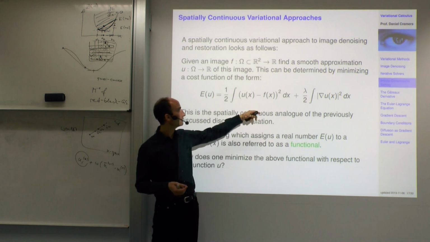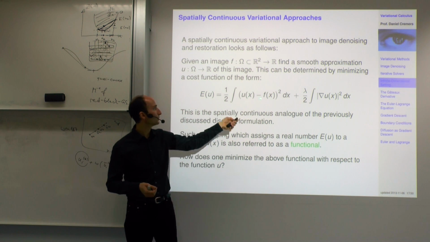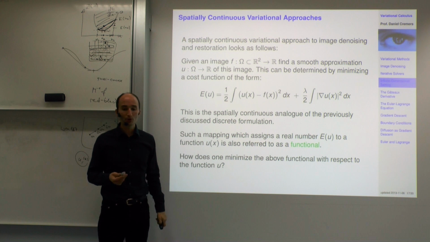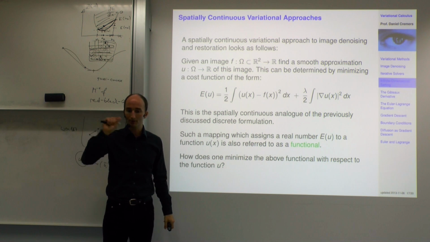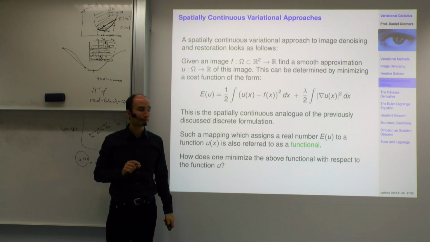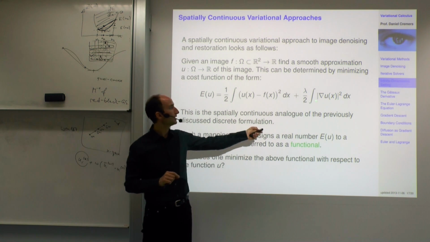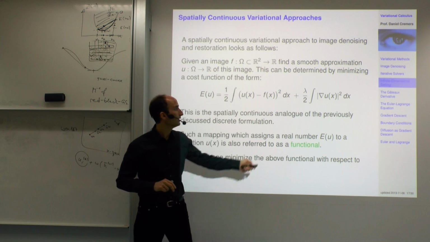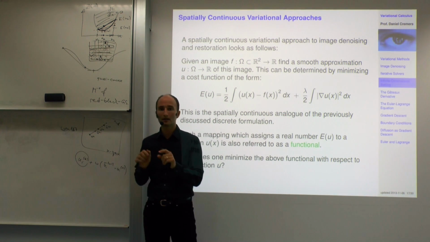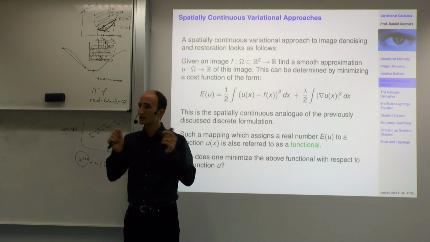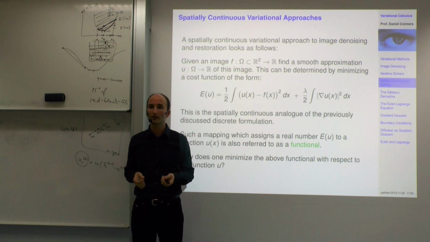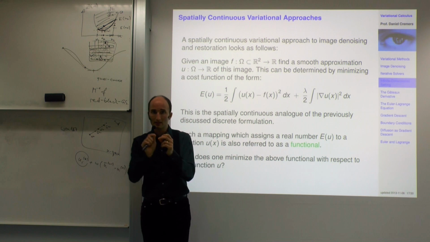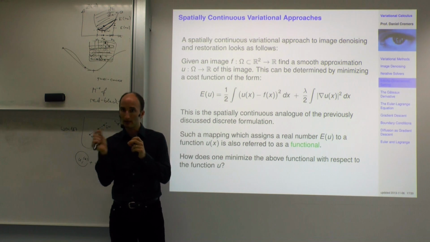Whereas before we summed over the pixels, now we integrate over the pixels. The smoothness, we said before, the brightness should be similar to the four neighbors in a regular grid. Here we say the gradient should be small. And if you recall, how do we discretize the gradient? If we do symmetric differences, well, we take the difference between the neighbors. Or if we do the forward difference, for example, we take the pixel and its neighbor to the right.